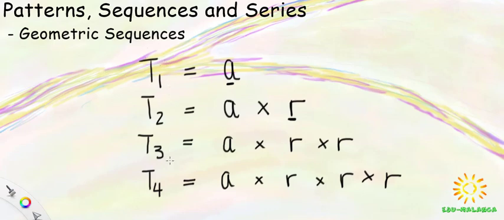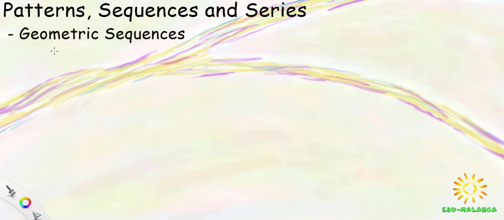In this derivation of our sequence, we went as far as term 4. But what if somebody were to ask you, what is term 80 of this sequence? Would you continue on and do term 5, term 6, term 7? No, that would be very tedious. The whole reason we're looking at patterns, sequences, and series is so that we can come up with simplified equations for denoting patterns, sequences, or series.